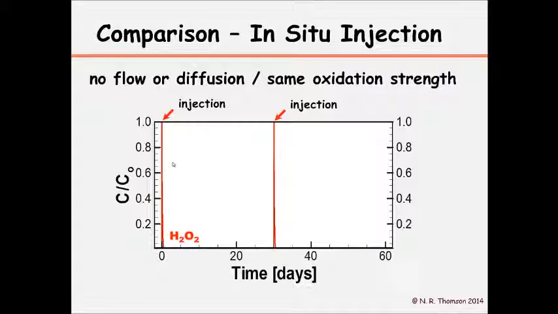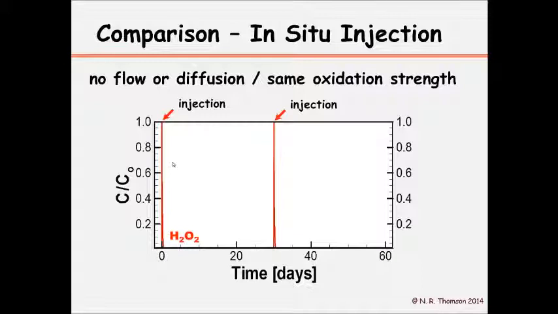So I've changed the injection concentration here, so I've got them to be equivalent. I'm going to inject them on day 0, and then 30 days after that, I'll re-inject into the same aquifer.